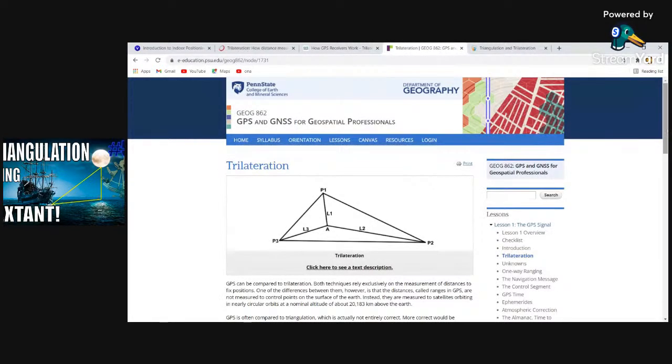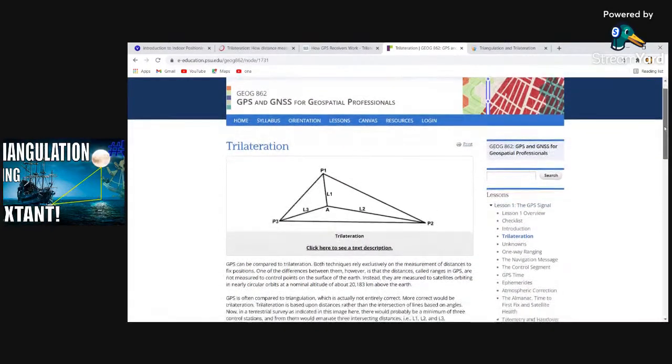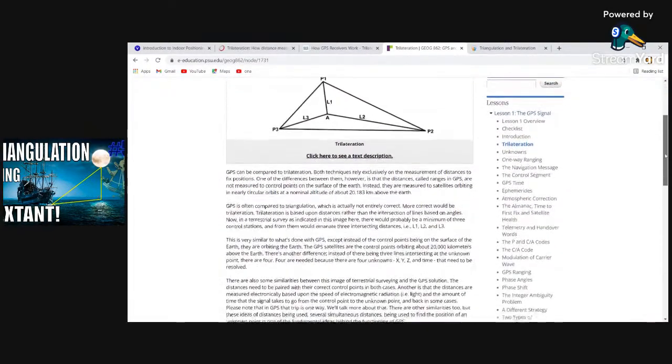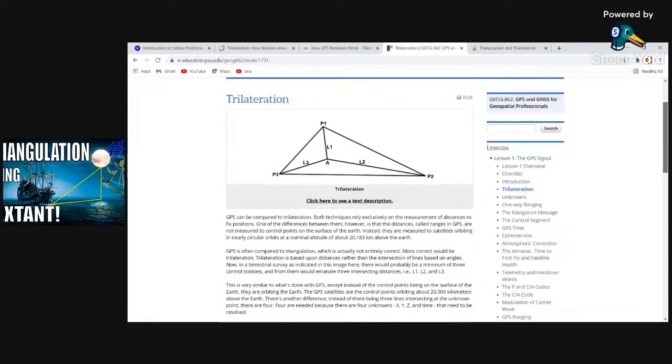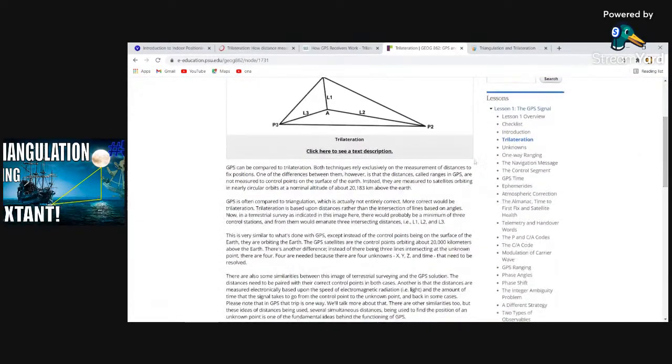So another couple of things on trilateration before we get into what triangulation is and how we use it with the sextant. GPS again, trilateration. GPS can be compared to trilateration. Both techniques rely exclusively on the measurement of distances to a fixed position.